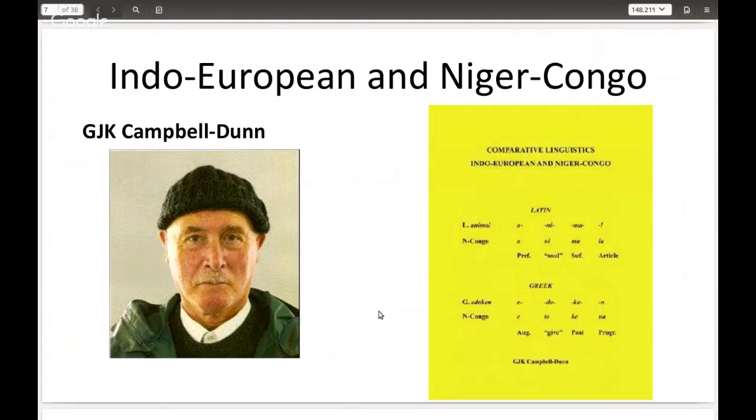Once graduating, I wanted to continue, and so I sought the mentorship of a variety of different linguists. One of those linguists is Dr. G.J.K. Campbell Dunn, Dr. Graham Campbell Dunn.